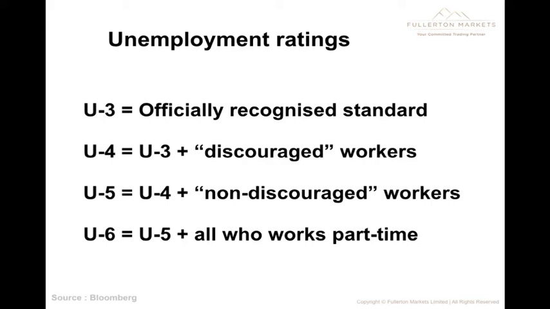Just for some information, an unemployed person is defined as someone who is available to work but currently not working and actively looking for a job in the past 4 weeks.